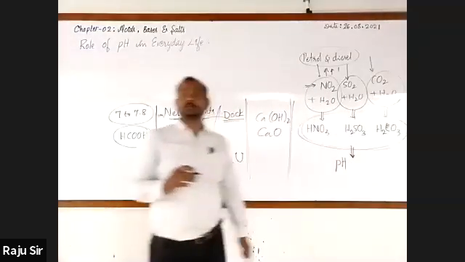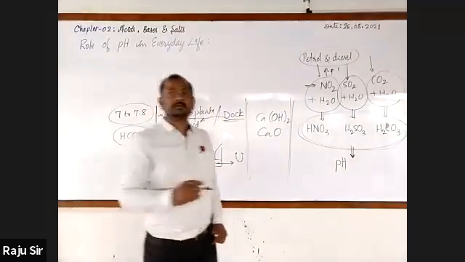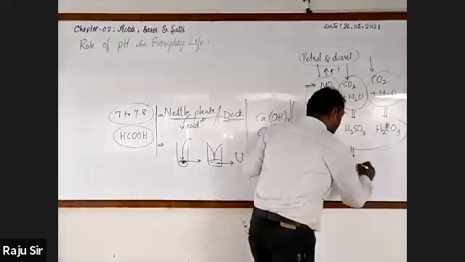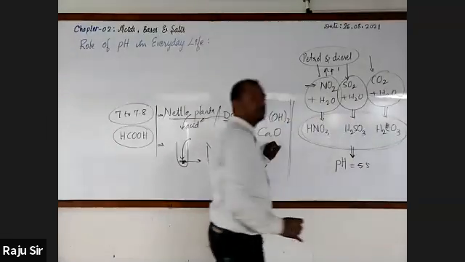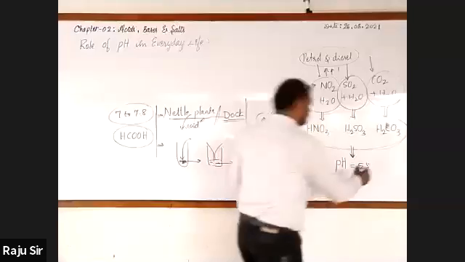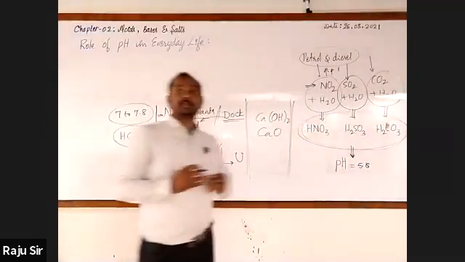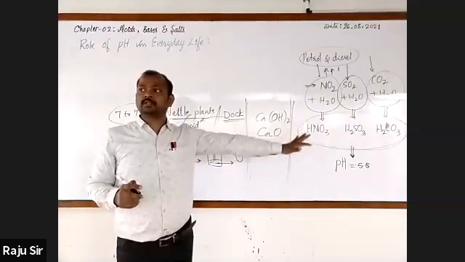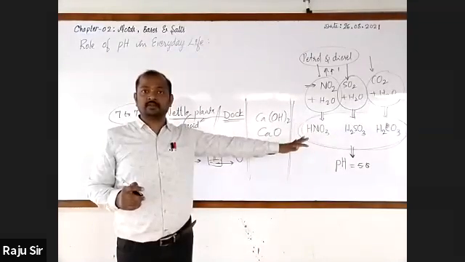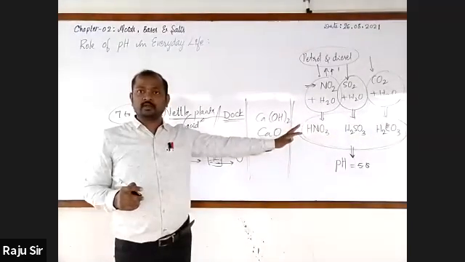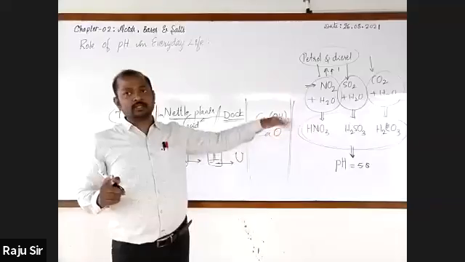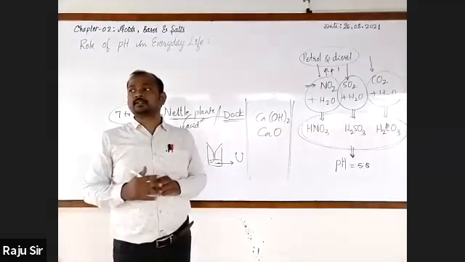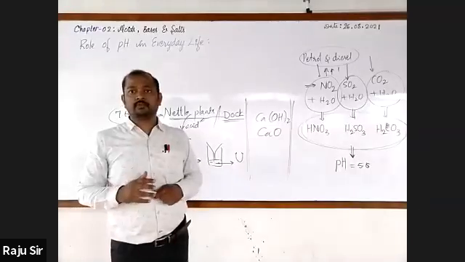You know what the pH of the rain is? 5.6. If the pH is less than 5.6, then you can say that it is acid rain. Got it? If it is more than that, you cannot consider this as acid rain.